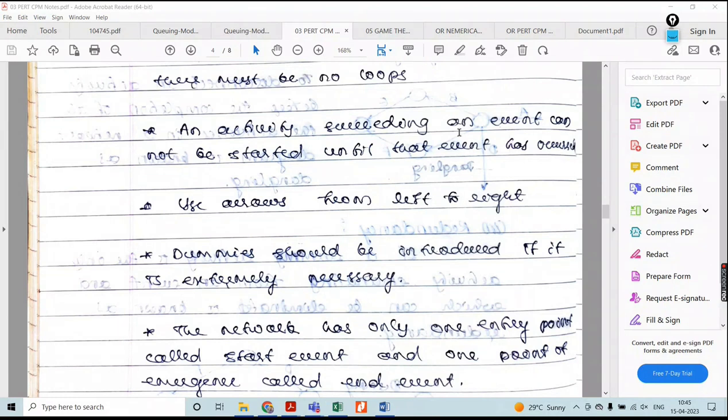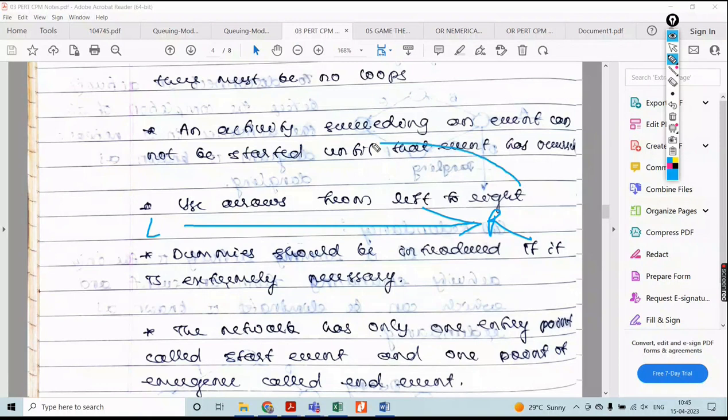Okay, in the sequence of operations, that event has to be completed until and unless there is no other event to be carried out. Then use the arrowhead always from left to right. Always follow this. Okay, there is no event to start from right to left.